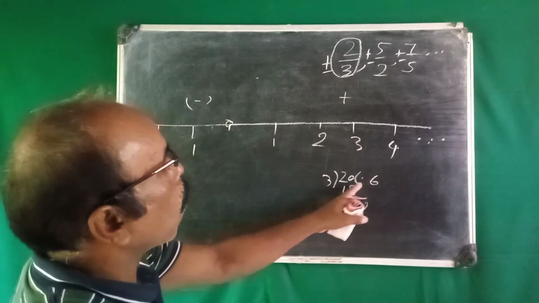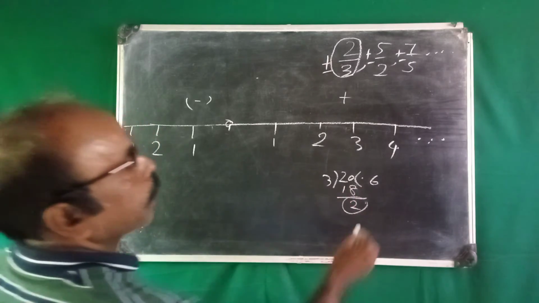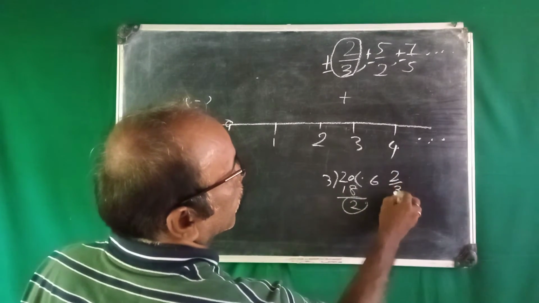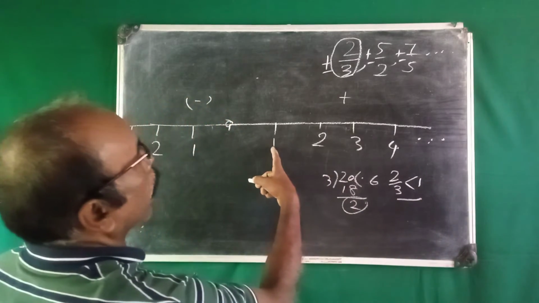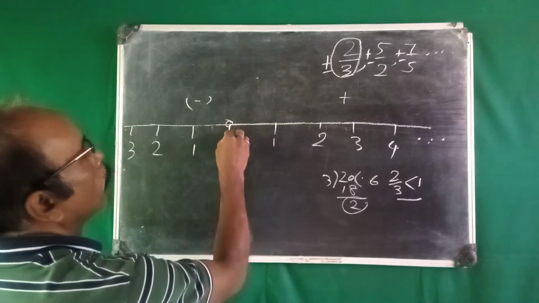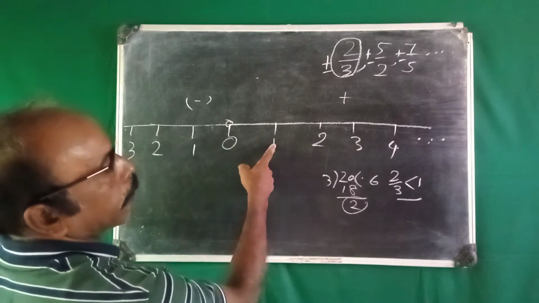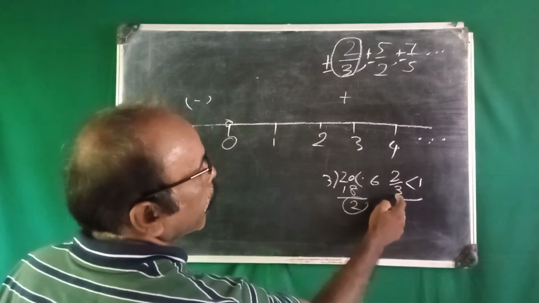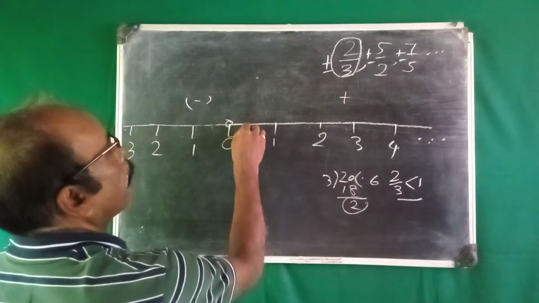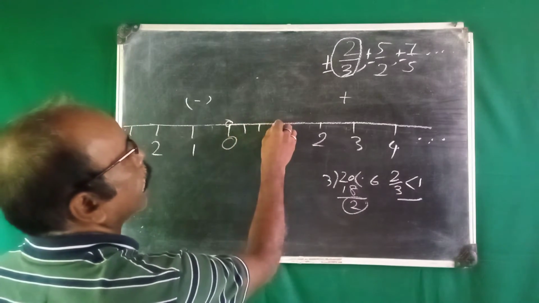0.6 is below 1, meaning 2/3 is less than 1. So we divide 0 to 1 into 3 equal parts, as the denominator is 3. 1, 2, 3.